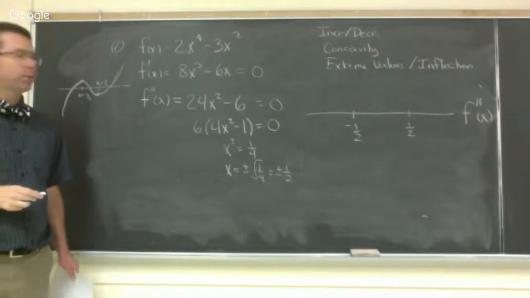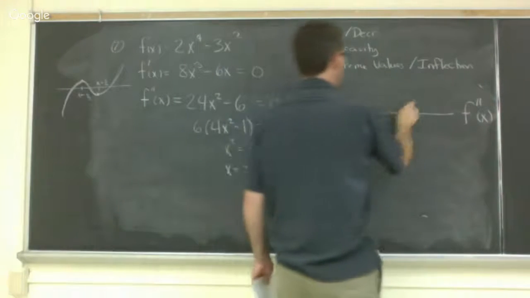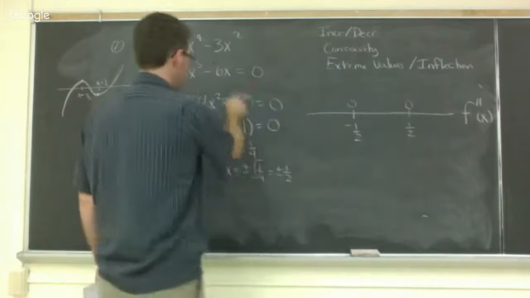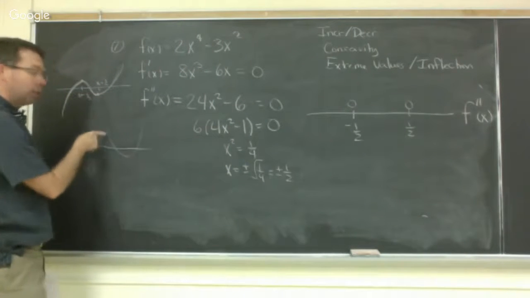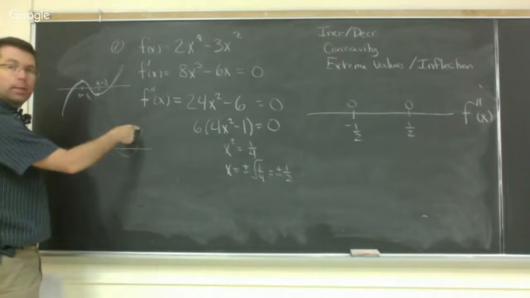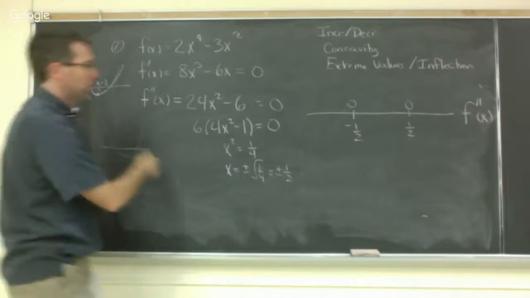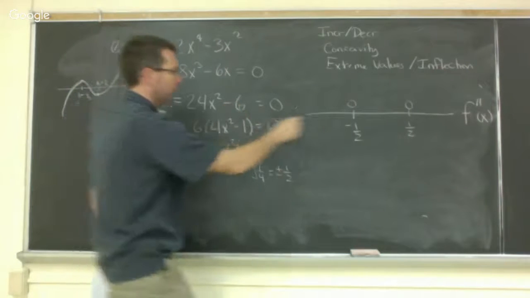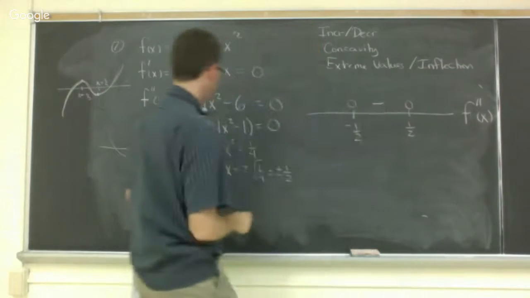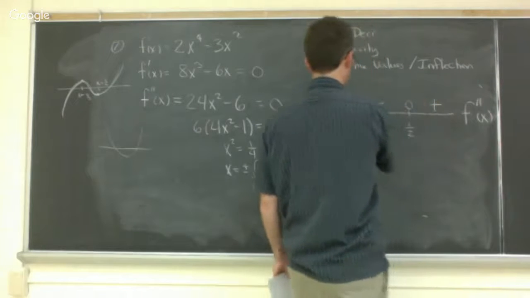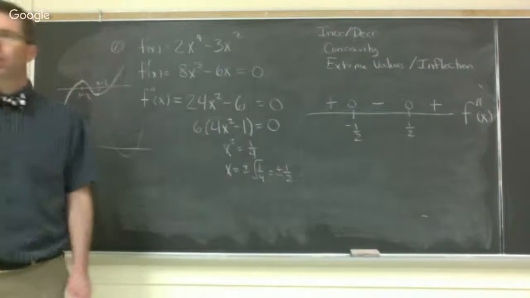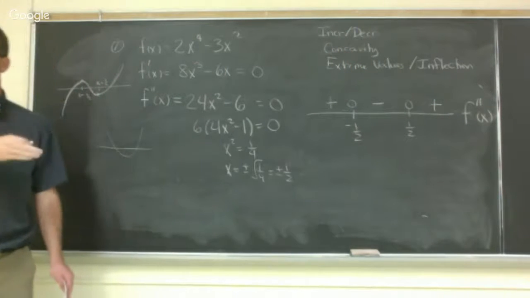So that's what we've just discovered. That's where it's 0. This new function, the second derivative, is a parabola. And so we're going to get positive, negative, positive. Right, if I plug in 0, I get negative 6. If I plug in 1, I get 18. Same for negative 1. So second derivative is positive, negative, positive.